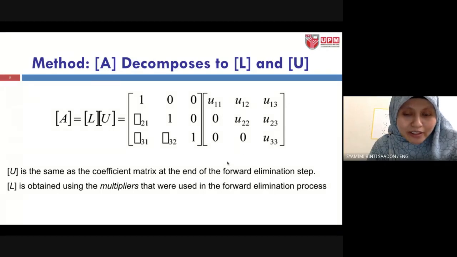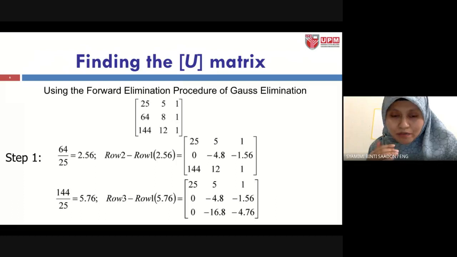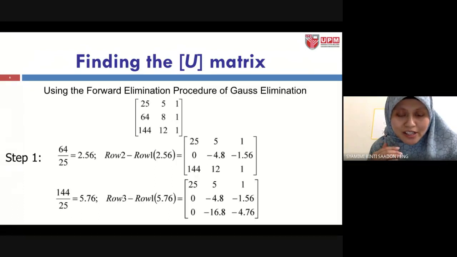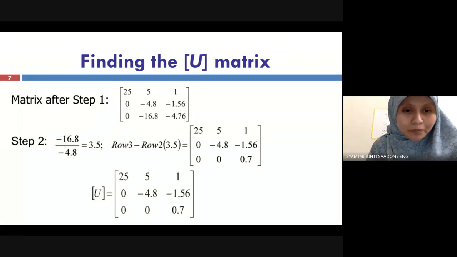I'm asking you to find this L and U. No need to find until X. You can do it by yourself, but you already know the answer. Just want to find L and U. Normally we try to search for U first. The steps to search for U, the calculation is like the Gauss elimination calculation as well. So row 2 minus row 1 multiplied by a factor, etc., because we want to eliminate in the second and third row.